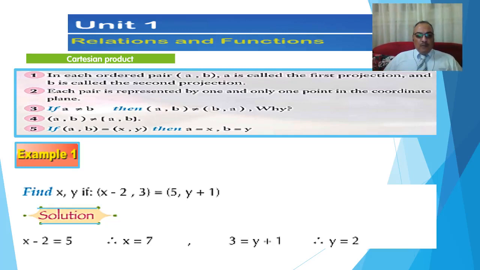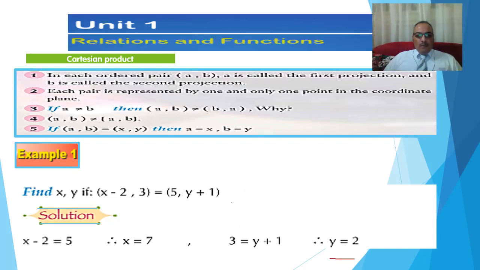So X minus 2 equals 5, move 2 to the opposite side with the opposite sign, so X equals 2 plus 5 equals 7. And 3 equals Y plus 1, or Y plus 1 equals 3, and solve this one: so Y equals 3 minus 1 equals 2.